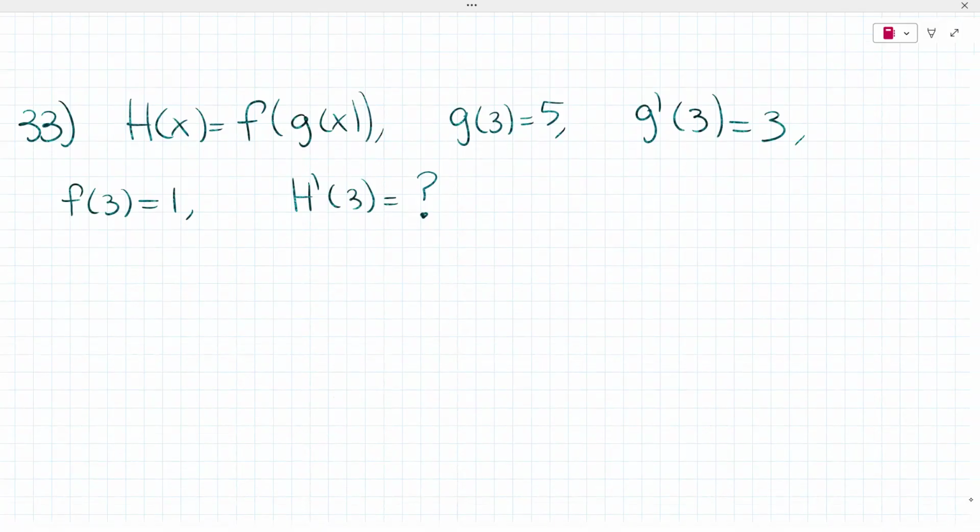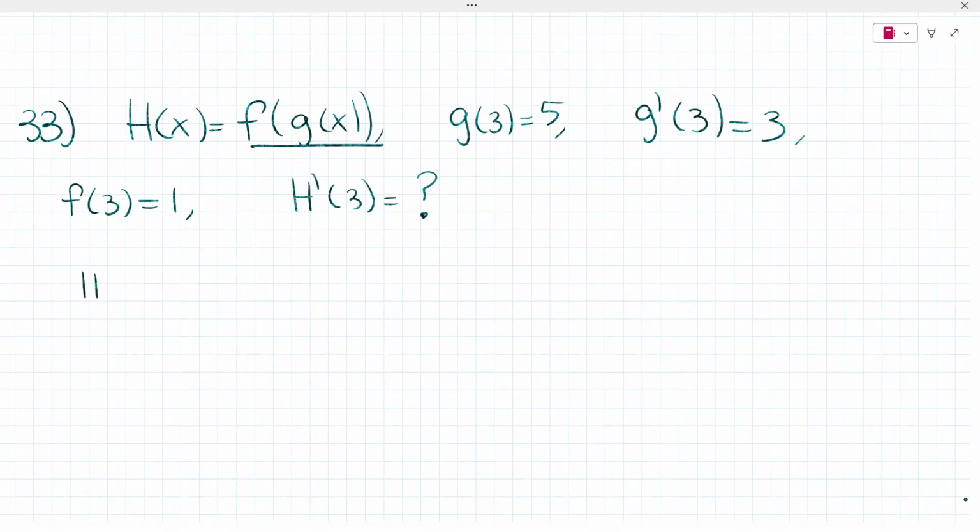So what we have to do first is find h prime of x. What do we know? g of 3 is 5. So we've got to take the derivative of this.